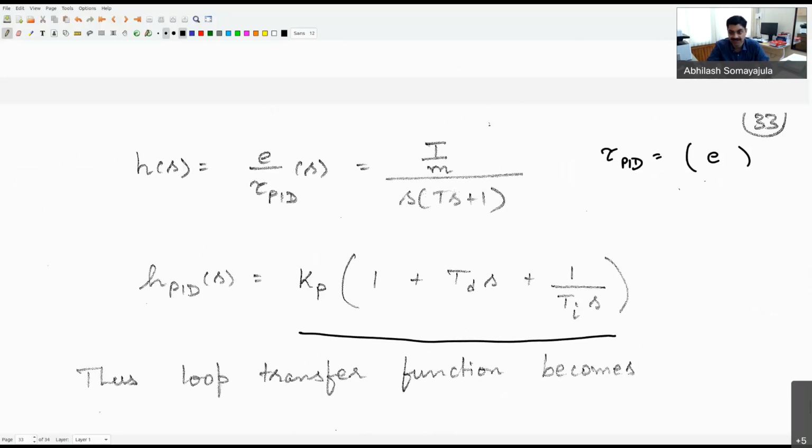So if I want to write that in the Laplace transform domain, I can write that transfer function between tau PID and the error as this transfer function which you see here. Is that making sense? Yes, no?